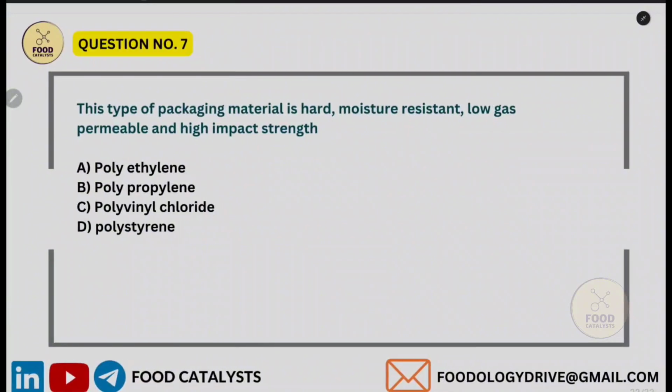Okay, next question: type of packaging material which is hard, moisture resistant, low gas permeable and high impact strength.